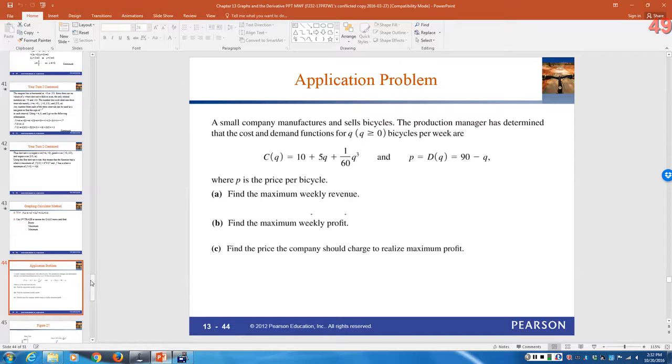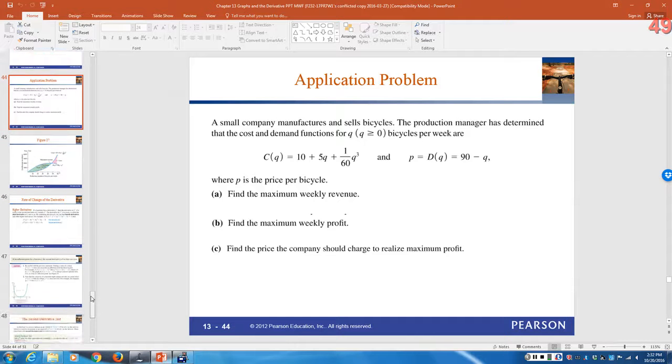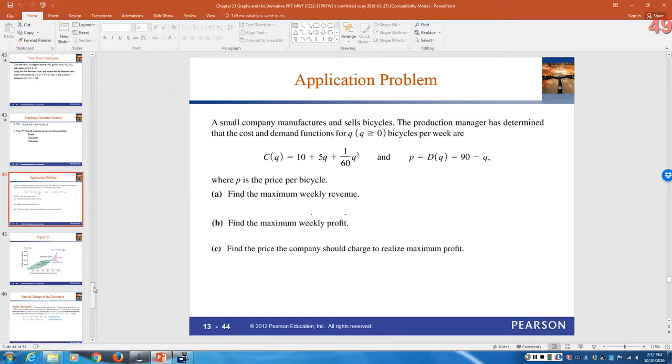So we'll look at one application problem, and then I think we're going to call it a day. You have a company that manufactures and sells bicycles. The production managers determined that the cost and the demand functions for Q bicycles, as long as Q is equal to or greater than 0, Q being the number of bicycles, is given by C of Q equals 10 plus 5Q plus 1 over 60 Q to the third.